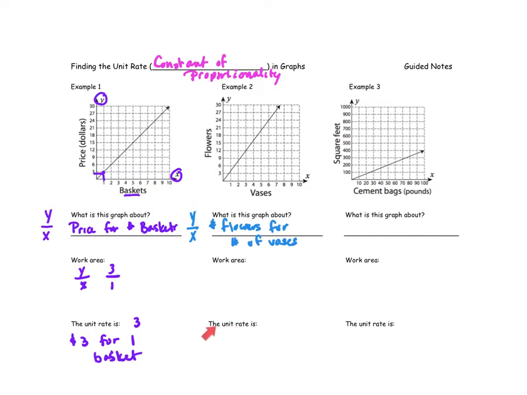So once again, we're looking for the unit rate. So we're looking for the amount of flowers for one vase. So now let's go to the graph, and I'm going to go to one vase. But when I move up, I can notice that my graph line doesn't hit exactly at the crosshairs of this graph.